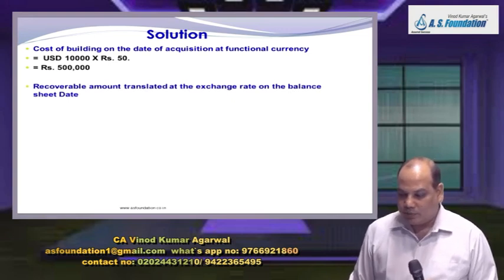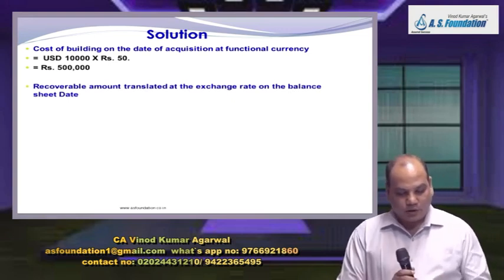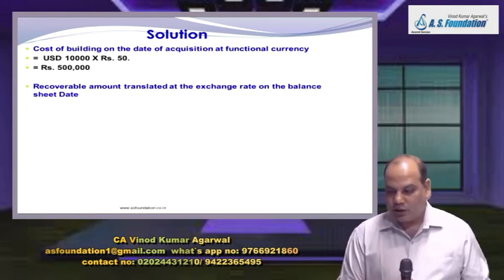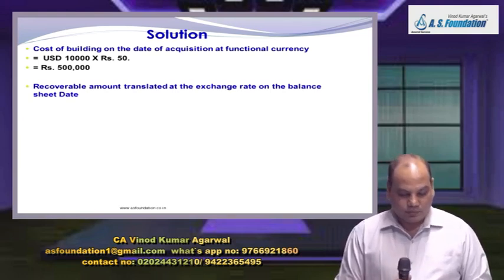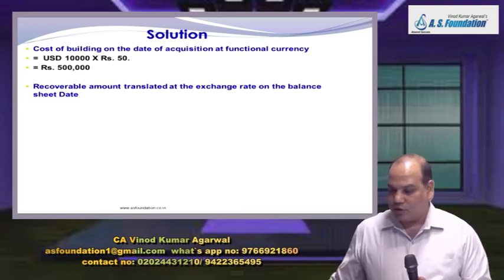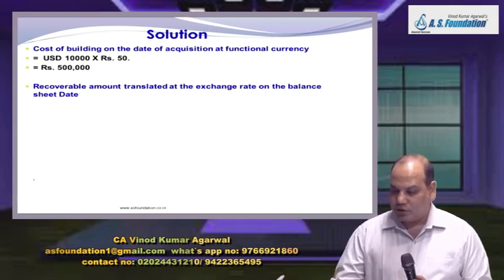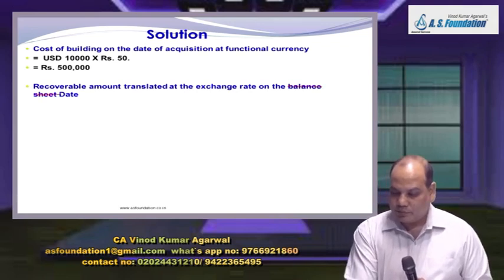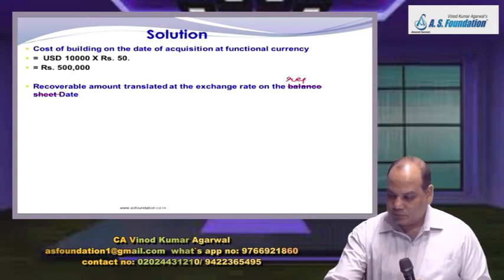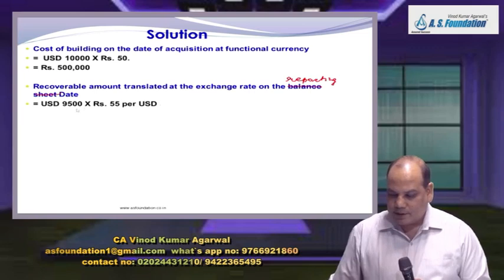Now write down recoverable amount translated at the exchange rate on the reporting date. You will multiply 9,500 USD into 55 rupees per USD equal to rupees 522,500.